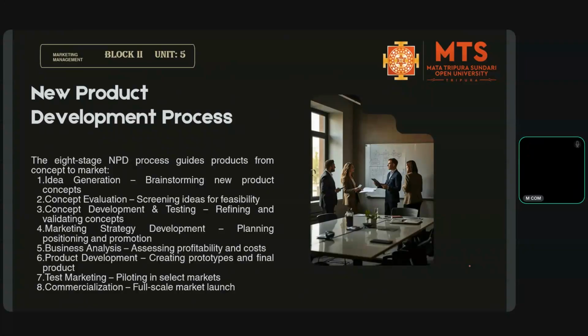We can say new product development starts with an idea in your mind and ends with commercialization in the market. How does it happen? Let's go through it. First one is idea generation. That means whatever problem you are facing, from that you have an idea to solve that particular problem.